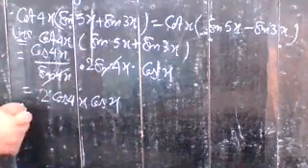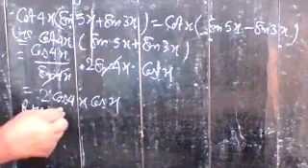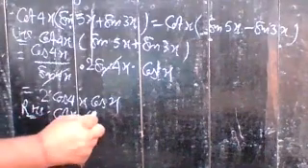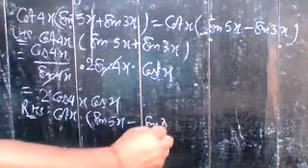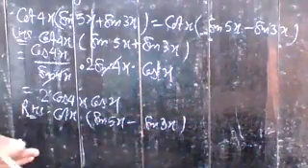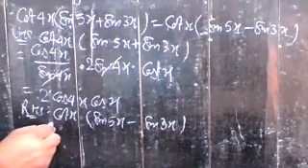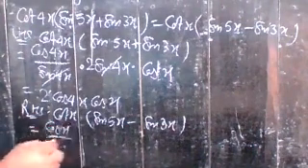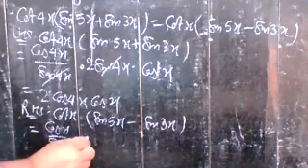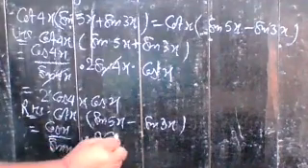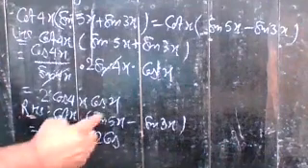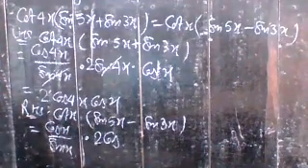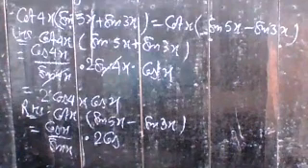Now you take right side, which is cot x into sine 5x minus sine 3x. Cot x can be written as cos x upon sine x into, applying the identity, sine x minus sine y is equal to 2 cos x plus y by 2 sine x minus y by 2.